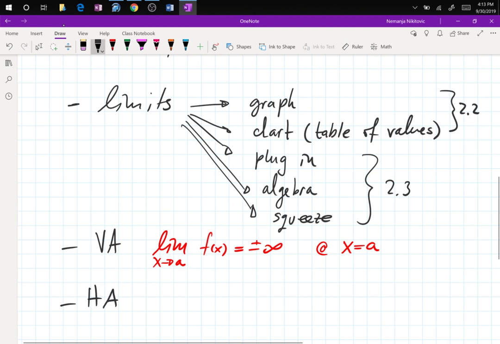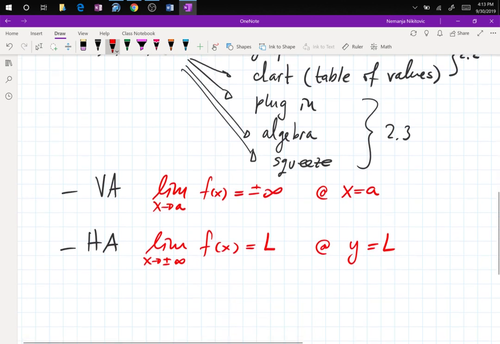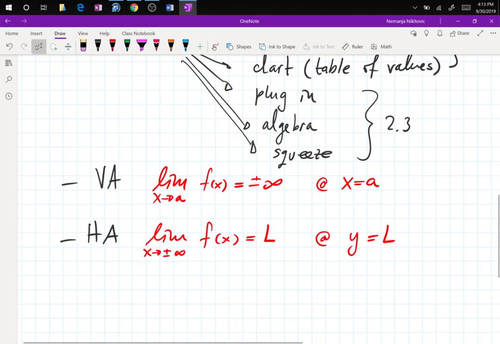Horizontal asymptote, again here in blood: if the limit as x goes to positive or negative infinity of f of x gives you a finite value L, then y equals L is the location of the horizontal asymptote. So these are the asymptote definitions. You could be asked to just state them, or to find the asymptotes, or both.